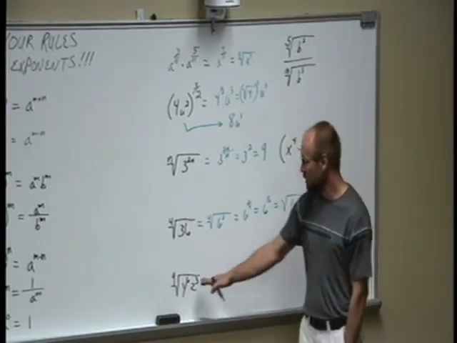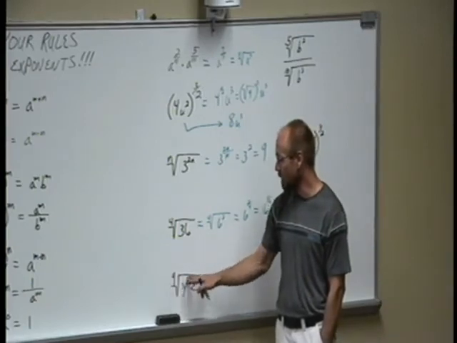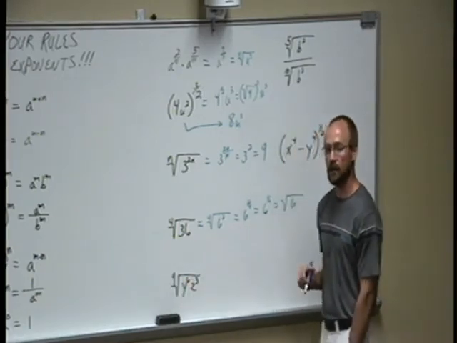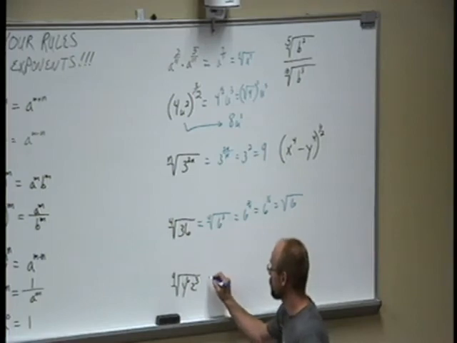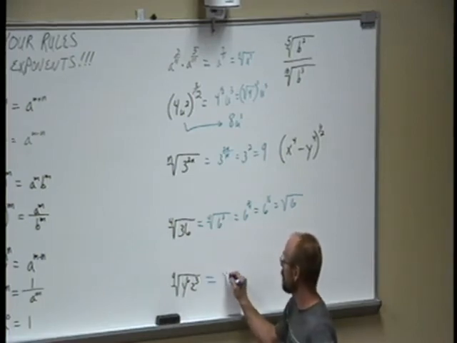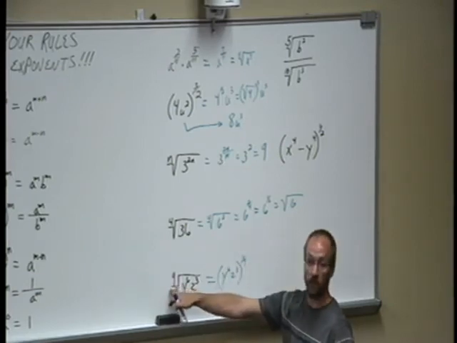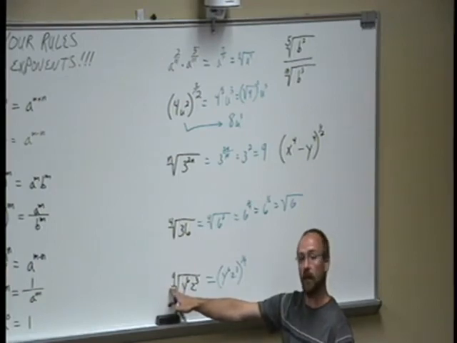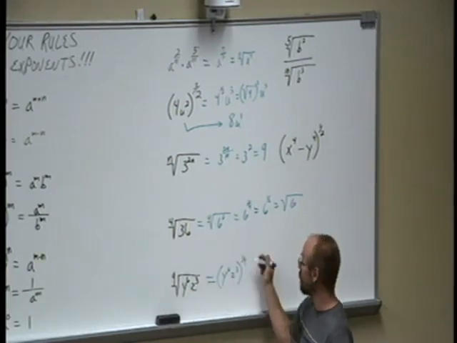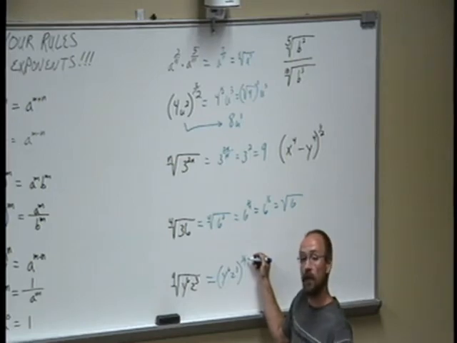All right, and lastly, we have the 9th root of y to the 6th, z to the 3rd. Let's use our rules of exponents here and say this is the same as y to the 6th, z to the 3rd, all raised to the 1/9 power, because my index is the denominator of my power, 1/9. And now we can use our power rule and distribute this 1/9.